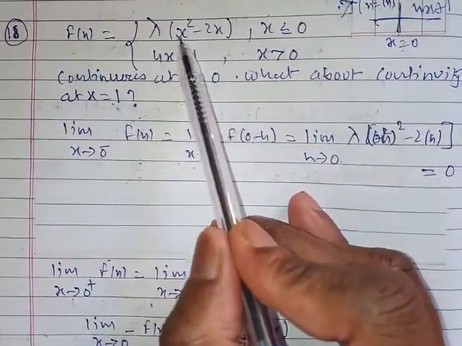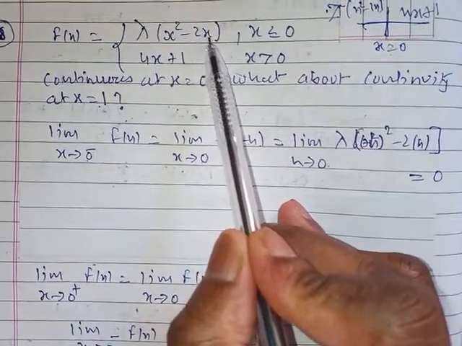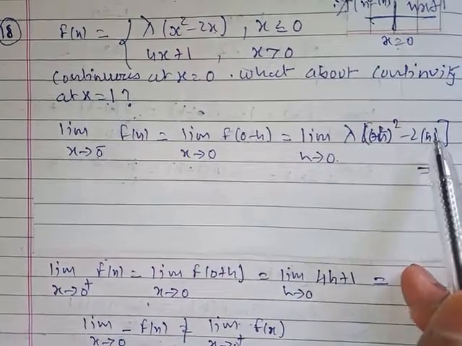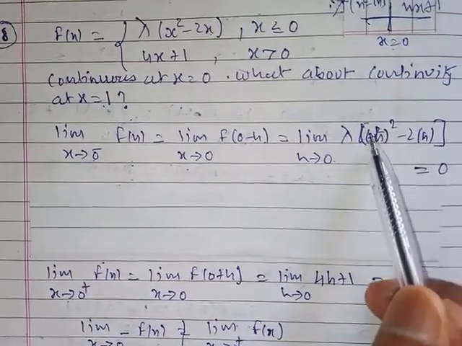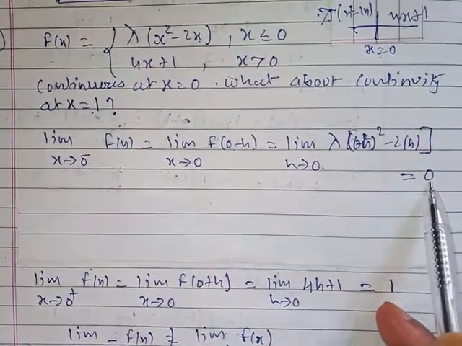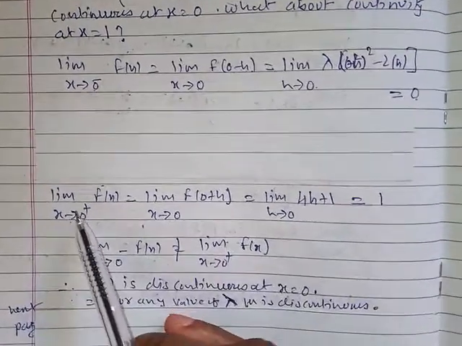So substitute λ(minus h) whole square minus 2 times minus h. If you substitute h is equal to 0, this will become 0, this will also become 0, and λ into 0 is 0, so it is 0. Let us check for the right hand side.